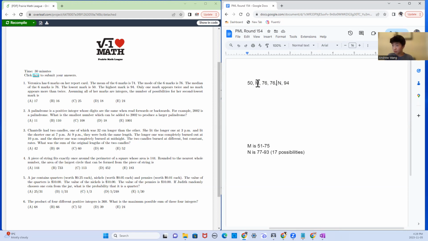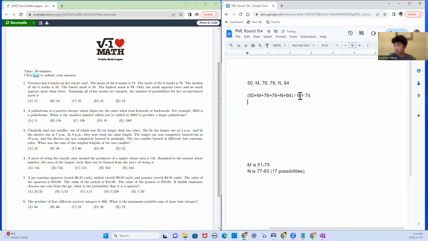To find the average, we know that it's 50 plus M plus 76 plus 76 plus N plus 94, all of that divided by 6, which should give us 74, since that is the mean.